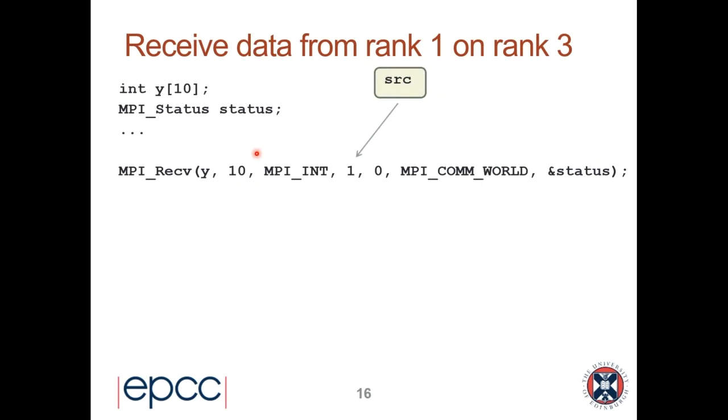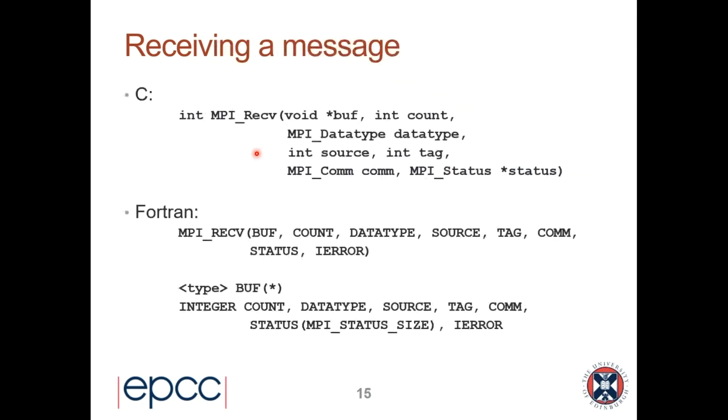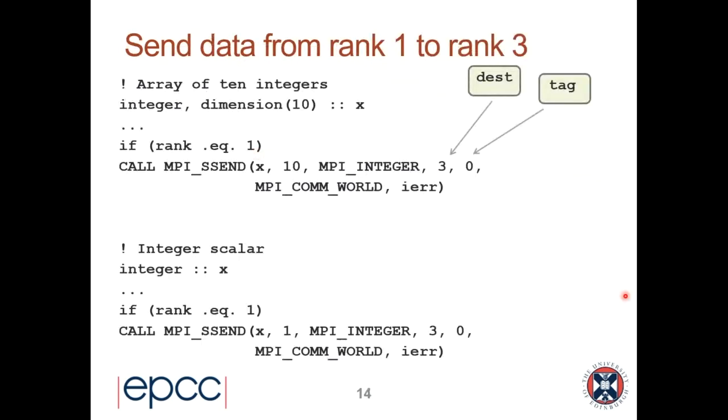Apologies for that. If I did MPI send of x, 5, MPI_INTEGER, it would send x of 1 to 5. Well, no, wrong. I've done x 1 to 5, not 1 to 4.